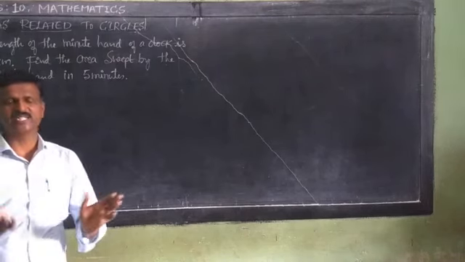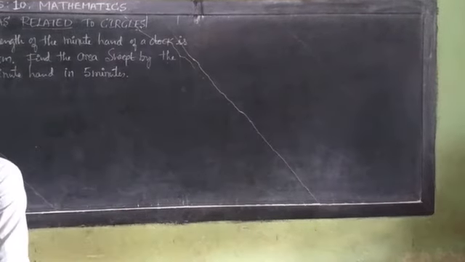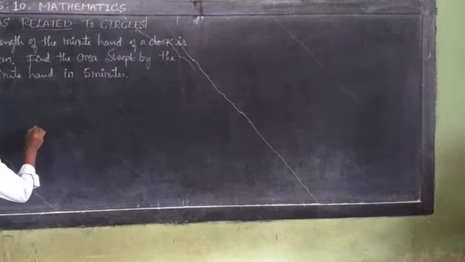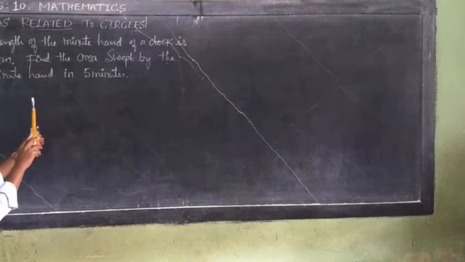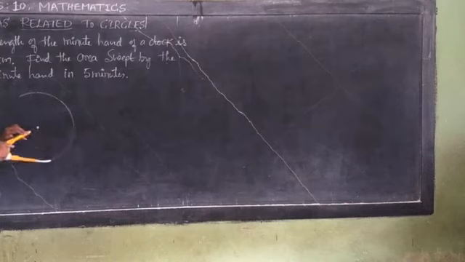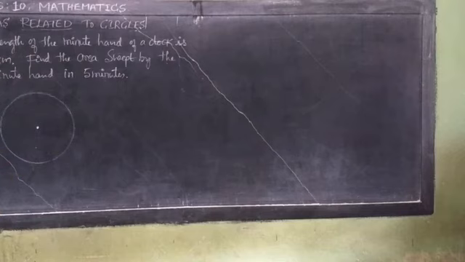For that we have to draw a clock here. A clock is in the shape of a circle, so first we have to draw a circle.